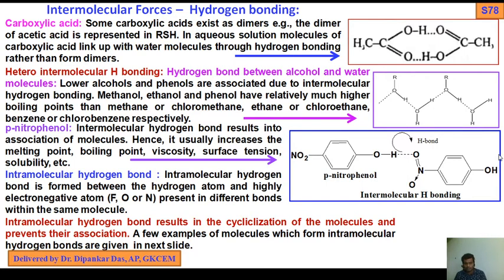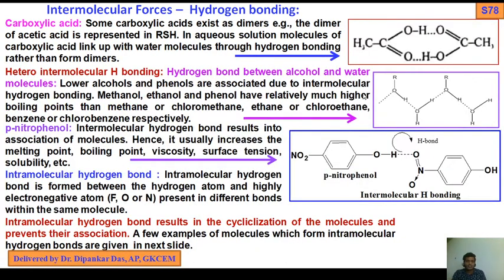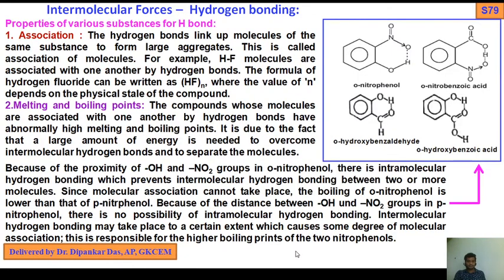As I showed you, intramolecular hydrogen bonding results in cyclization. Cyclization means you see a ring: 1, 2, 3, 4, 5, 6 members. So intramolecular hydrogen bonding results in cyclization of molecules and prevents their association. A few examples of molecules which form intramolecular hydrogen bonds are given in the next slide.